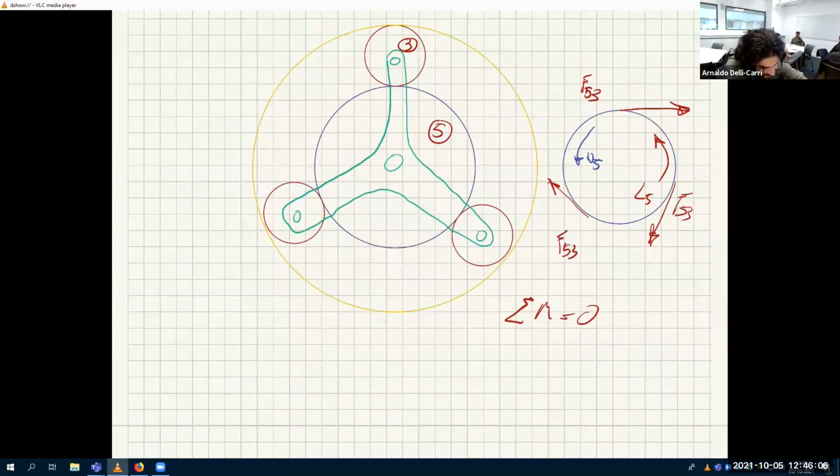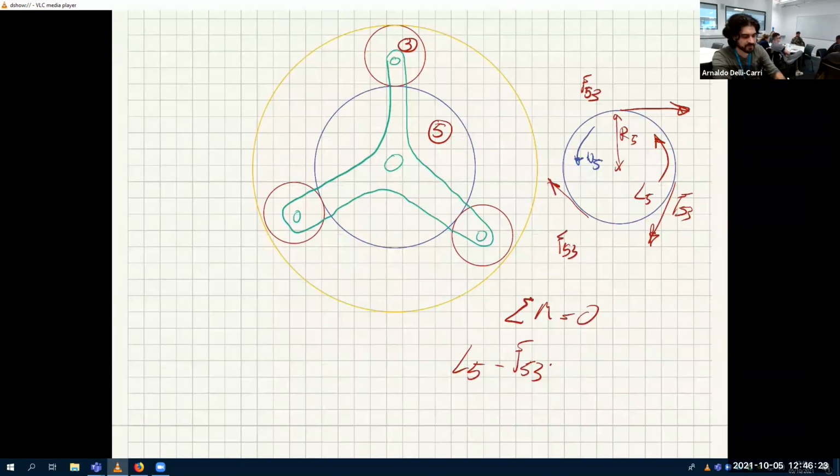And so that means that L5, positive counterclockwise, minus F5,3 times the radius of 5. Agreed? Force times perpendicular distance. And the perpendicular distance is always the radius of 5. Agreed?